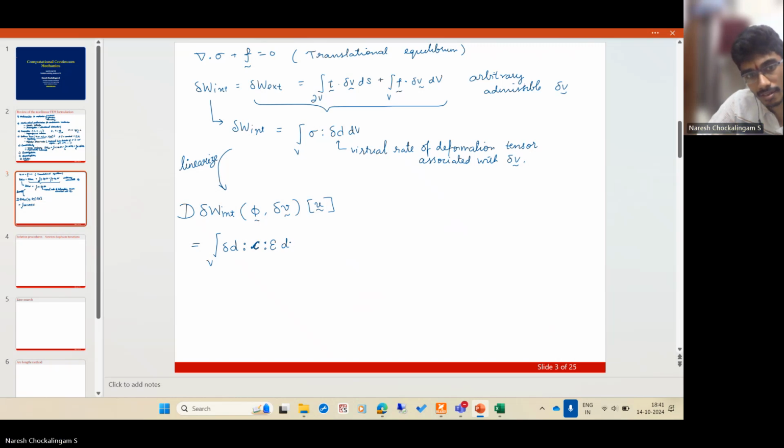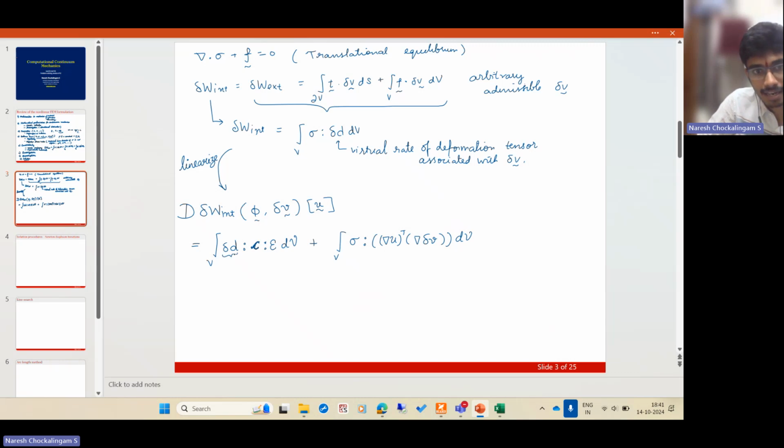You have that integrated over the volume. Plus, you have another contribution, which is sigma contracted with the product of del U transpose and del delta V. So this is the linearized expression.